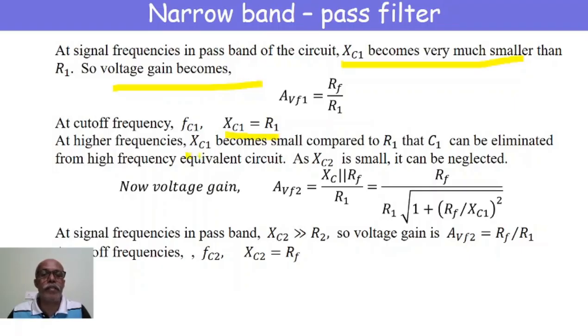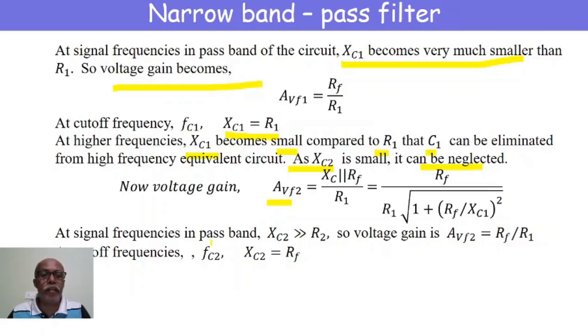At higher frequencies, XC1 becomes small compared to R1, and therefore C1 can be neglected. As XC2 is small, it can also be neglected. Therefore, the voltage gain AVF2 is XC2 parallel to RF divided by R1, and that will be equal to RF by R1 into root of 1 plus RF by XC2 whole square.